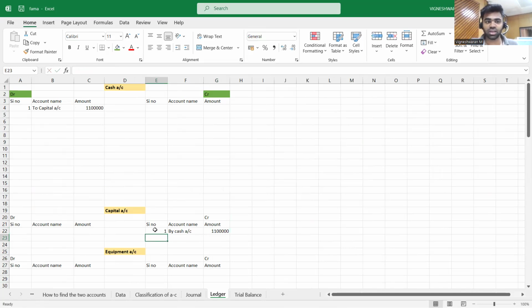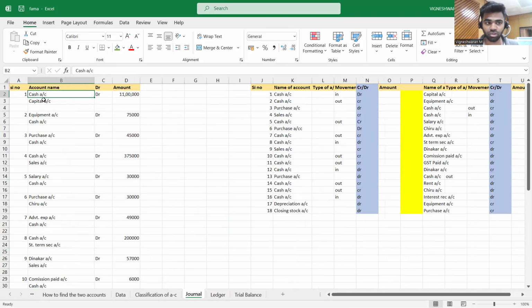I think now you got it. For each journal there will be two accounts, and each account has its own table: one table for cash account, one table for capital account. In the cash account, on the debit side, we write 11 lakhs. In the capital account, on the credit side, we write 11 lakhs.